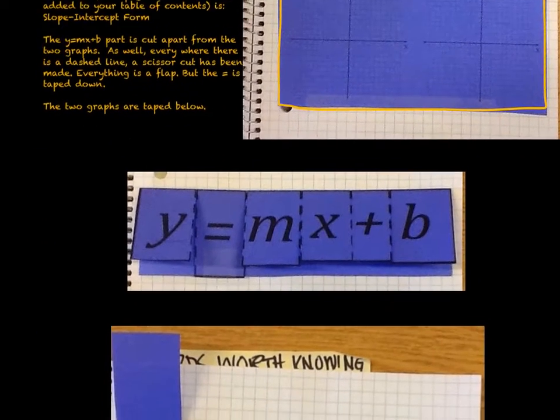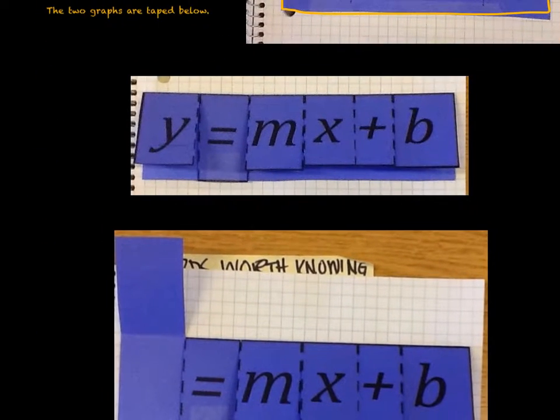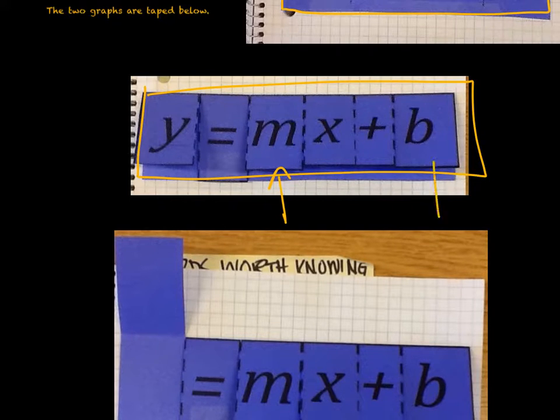So here we go. To start out with, we have our equation y equals mx plus b. That is the slope-intercept form of a linear equation. It is a form that shows us instantly the slope and instantly the y-intercept, which allows us to graph this super easily.